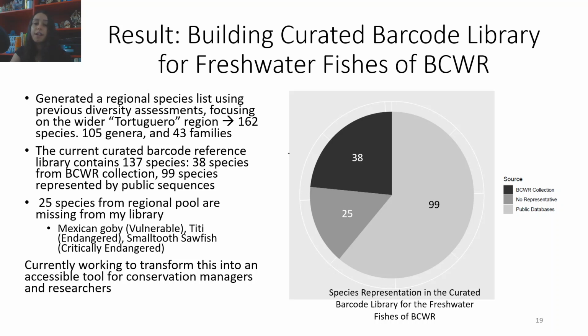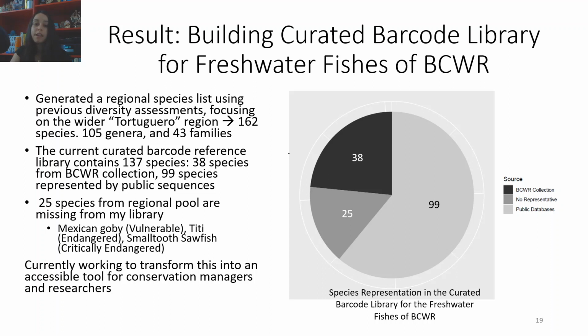Our current curated barcode reference library contains 137 species. 38 of these species are represented by sequences from the Barra del Colorado collection, and 99 of these species are represented by high quality, critically evaluated public data sequences.